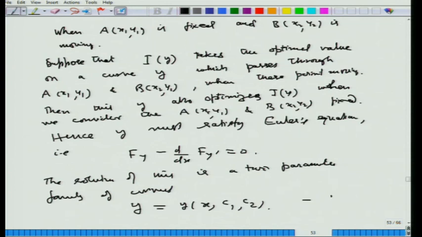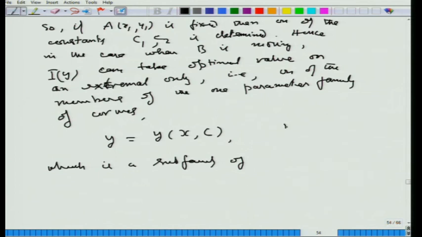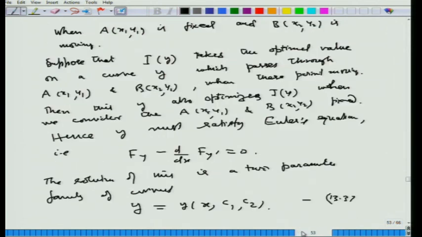So, let us say this is 13.3 and this is 13.4, this is a subfamily of 13.3.